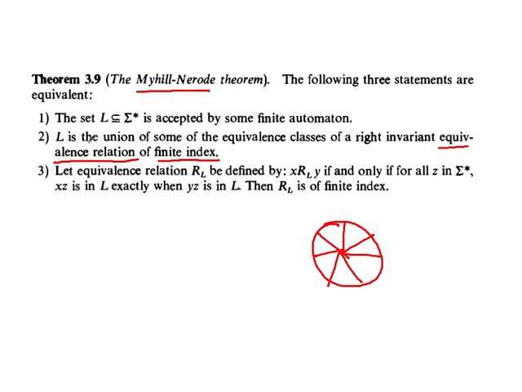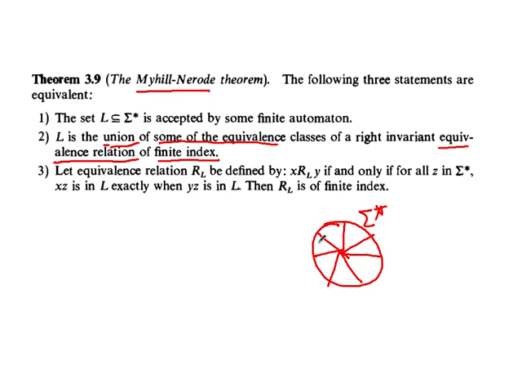And L is the union of some of these equivalence classes. So what is this whole thing? This whole thing is a partition of sigma star. That means together these contain all the strings, right? So together it gives you a partition of sigma star. It's an equivalence relation on this set.